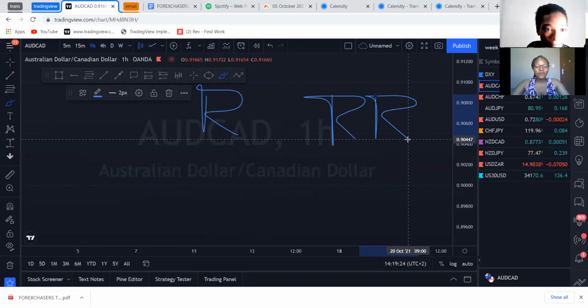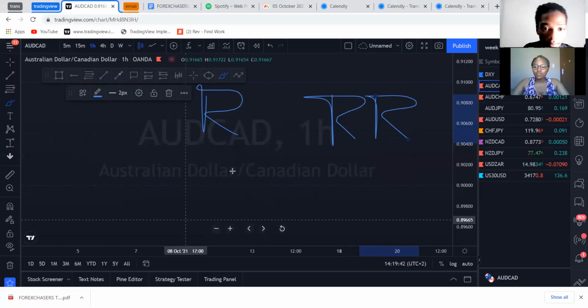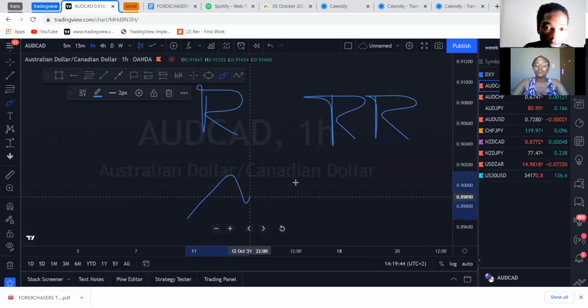Okay, so with the risk entry and the reduced risk entry, I just had an idea. I'm not really sure whether it's the right thing or not. But let's say, for example, we have a rising wedge, right? And then the price breaks down to the downside with an impulsive candlestick.